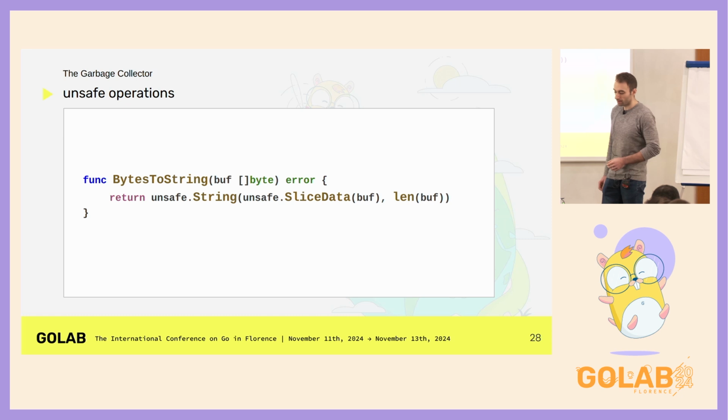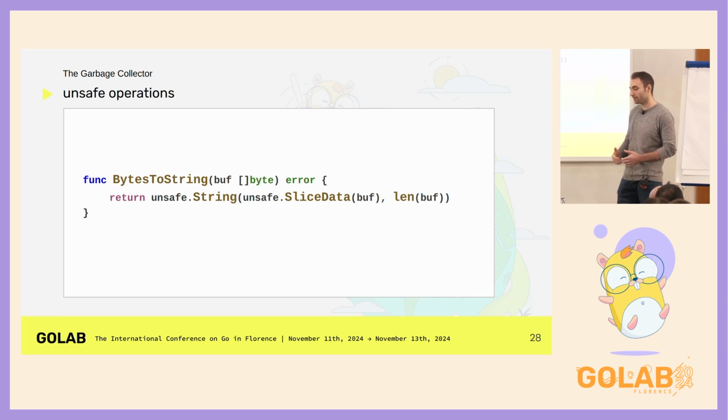This directly leads us to the next point, the one about unsafe operations. So as you may have seen, the map key type is a string, because we cannot put a byte slice there directly. And what we can do to avoid extra copying is to use the unsafe package to extract the reference to a slice and convert it to a string.